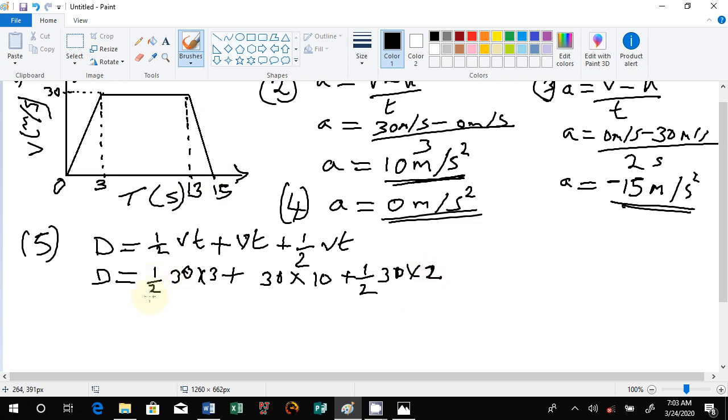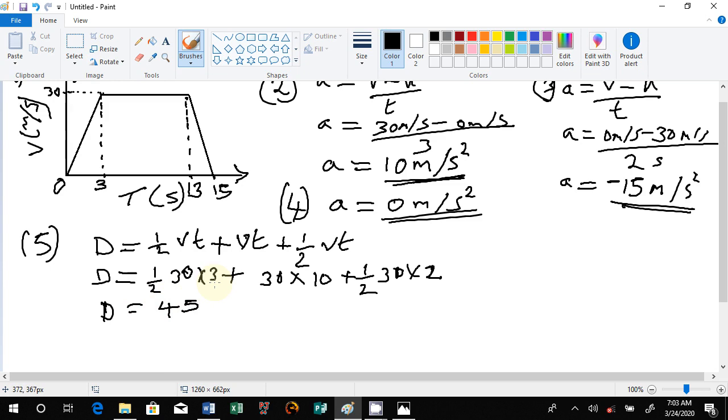Then we start the mathematics. So we say half of 30 is going to be 15. 15 times 3 is 45. Yes, we have done the calculation so well. So that is what we find.